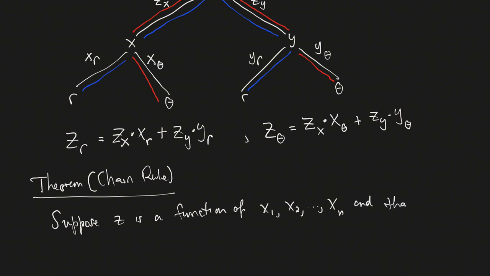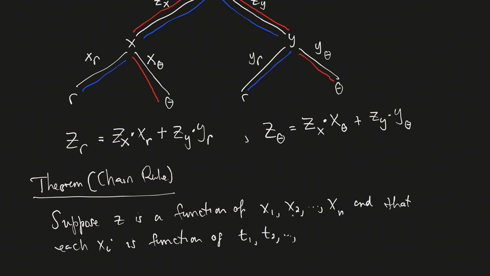And that each xi, so each of the x's, is in turn a function of, and I'll just use t's, but say maybe there are lots of them, like t1, t2.